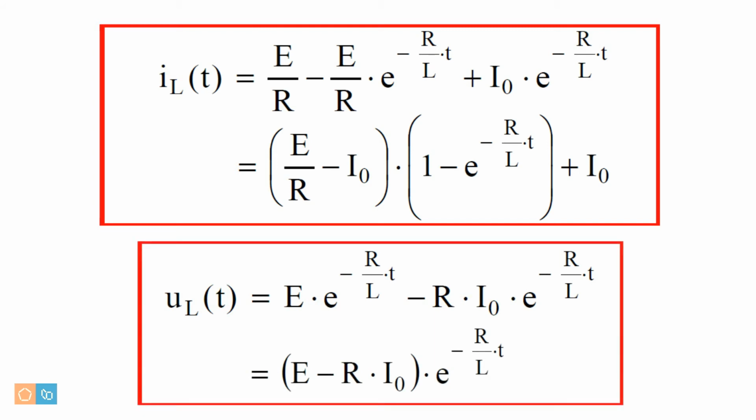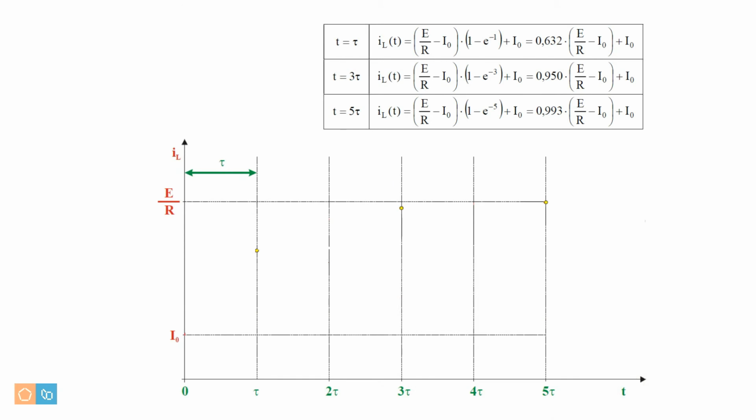But now, let's analyze the graphic representations of these expressions. After a time equaling L divided by R, the current through the inductor with an initial value of I0 reaches 63.2% of the value of E divided by R minus I0, plus I0.